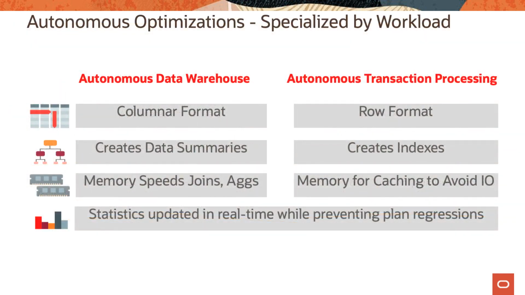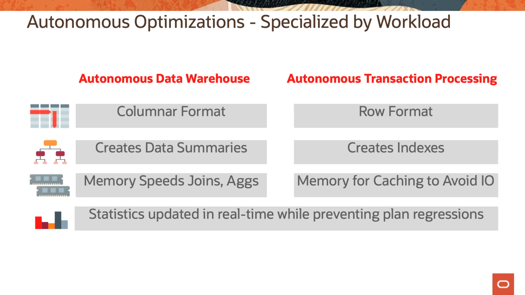Let us now look at the autonomous optimizations, which are part of the Autonomous Data Warehouse and Transaction Processing. Autonomous Data Warehouse stores data in the columnar format and creates data summaries to speed up in-memory joins and aggregates, whereas Autonomous Transaction Processing stores data in the row format.